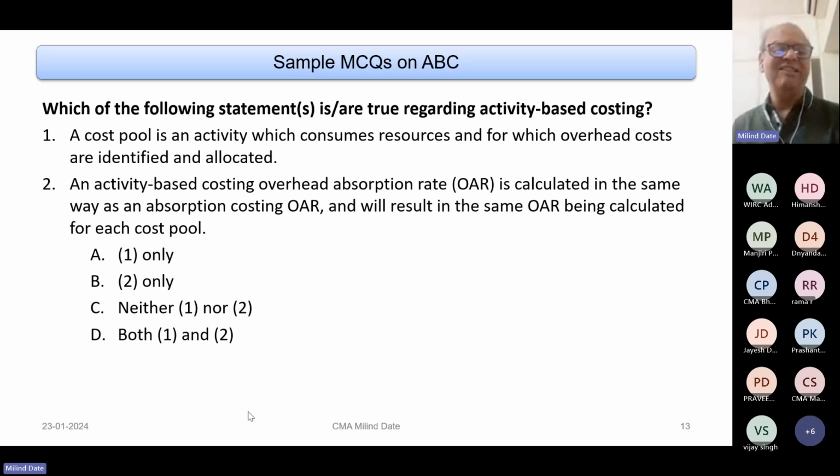So they say, fine, it's the same way in which you used to do under the traditional way. Same results ABC will give you. So what is the answer? Statement 1 is correct only, statement 2 is correct only, neither 1 nor 2, or both are correct. So please type out your answer in the chat box.